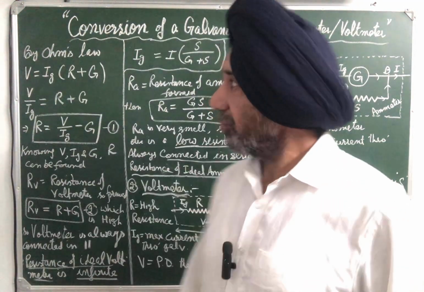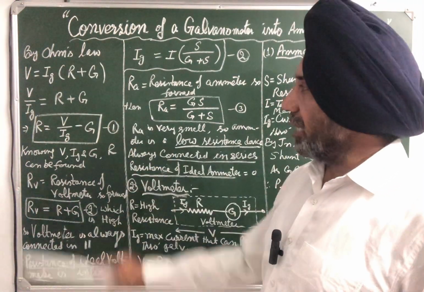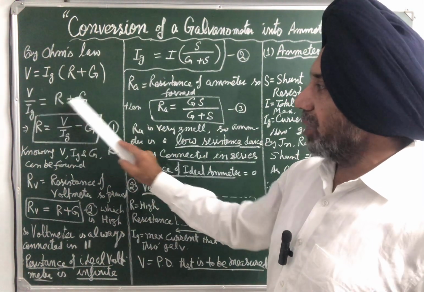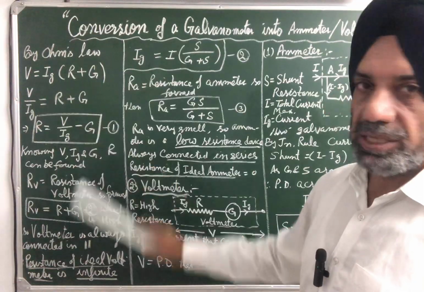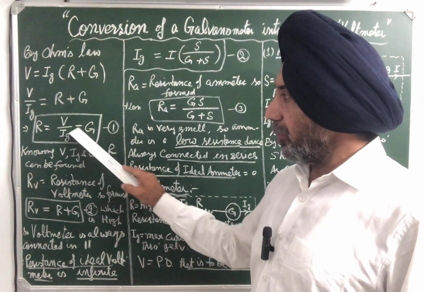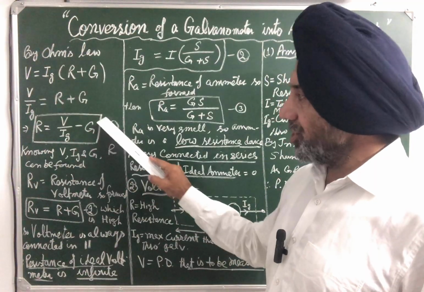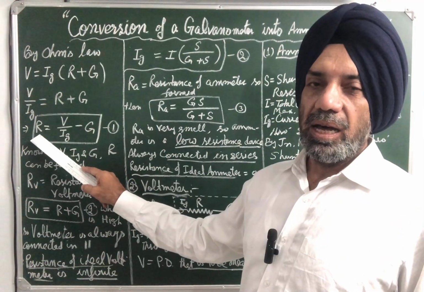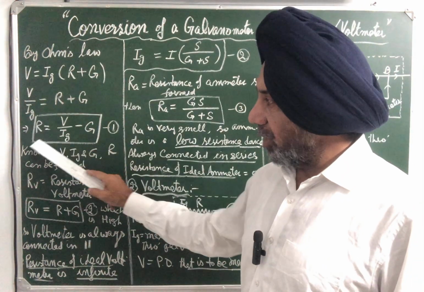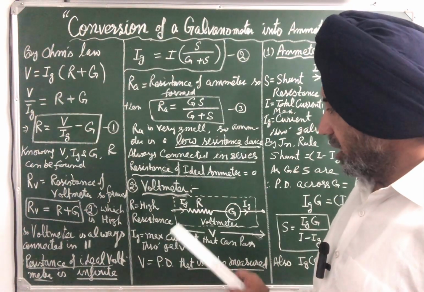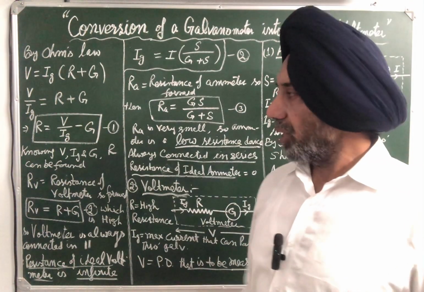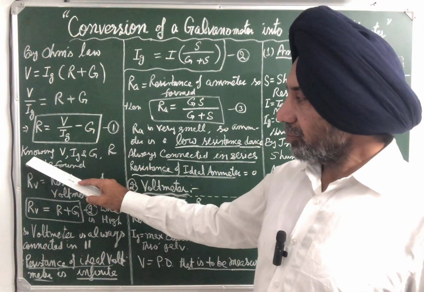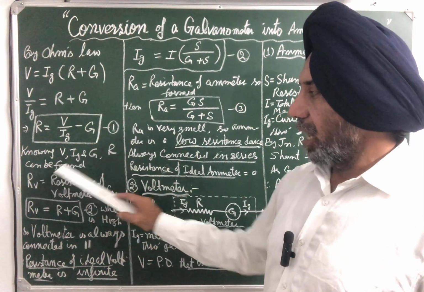Then by Ohm's law, potential difference is equal to current into total resistance, Ig into R plus G, or V upon Ig is equal to R plus G, or R is equal to V upon Ig minus G. Knowing the maximum value of current that can pass through the galvanometer, the resistance of galvanometer G, and the potential difference that is to be measured, we can find the value of R. So by connecting this much value of R resistance in series with the galvanometer, we can get a voltmeter.